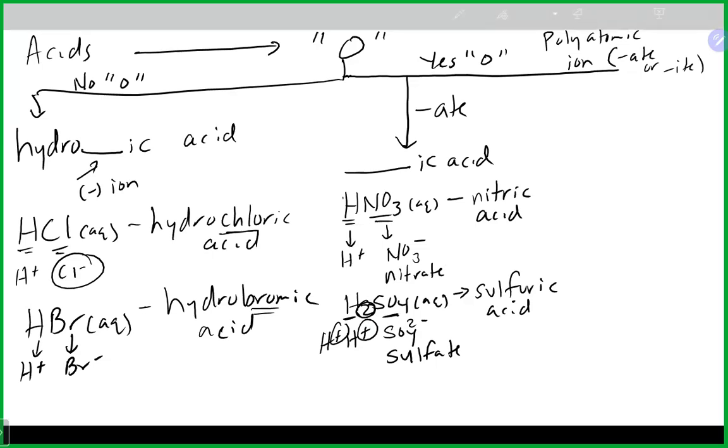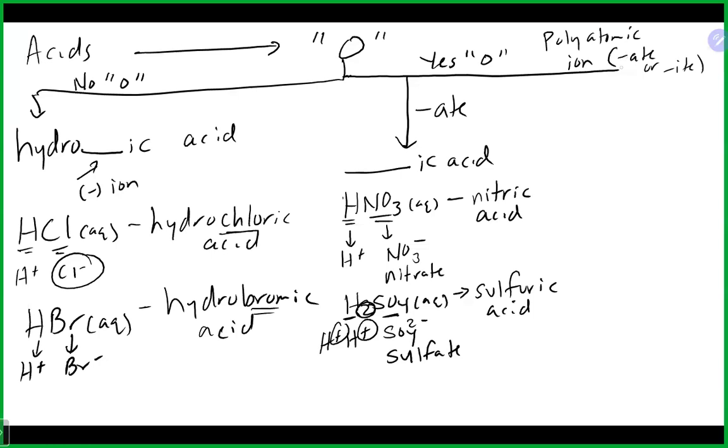Lastly here, in terms of acids, if your acid does have oxygen and it contains a polyatomic ion, but that polyatomic ion is ite ending, your acid will be something ous acid. So if I take HNO2, H plus, NO2 minus.